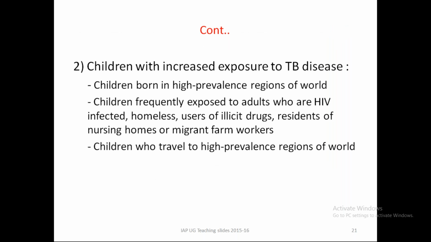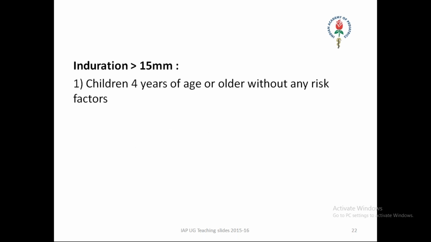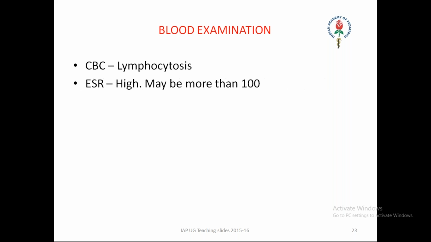Children with increased exposure to TB: children born in high prevalence areas of the world, children frequently exposed to adults who are HIV infected, homeless, users of illicit drugs, migrant farm workers or nursing home residents, and children who travel to high prevalence regions of the world. If the induration is greater than 15 mm, then in children 4 years of age or older without any risk factors, you can think it is quite a positive case of tuberculosis.